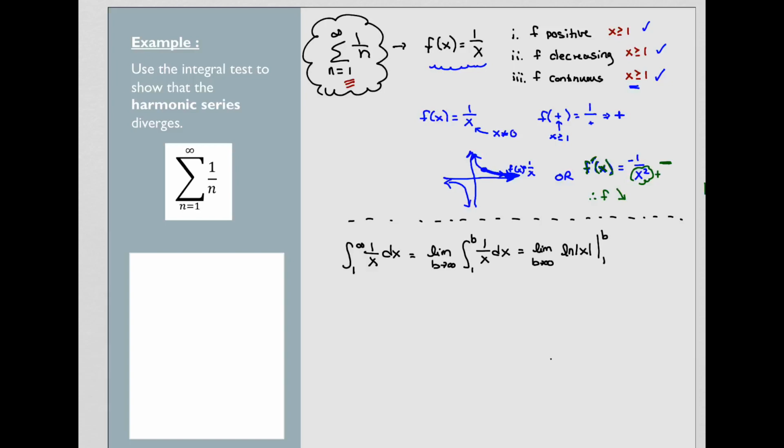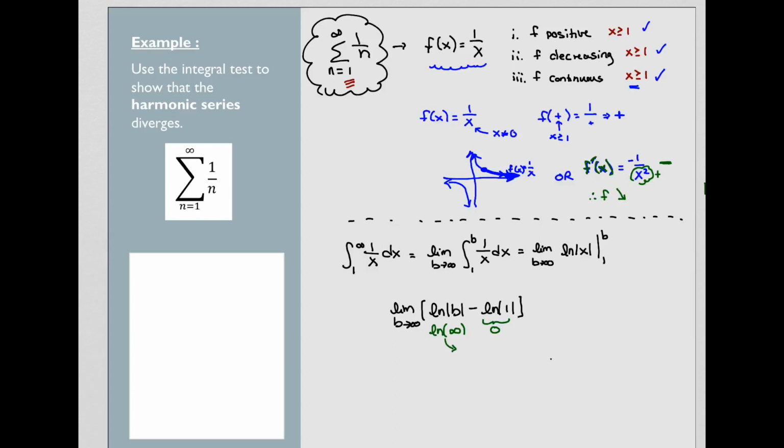And so that means I'm taking the limit as b goes to infinity of the natural log of the absolute value of b minus the natural log of 1. The natural log of 1 is just 0. What happens to the natural log of b as b goes to infinity, so as b grows infinitely large?